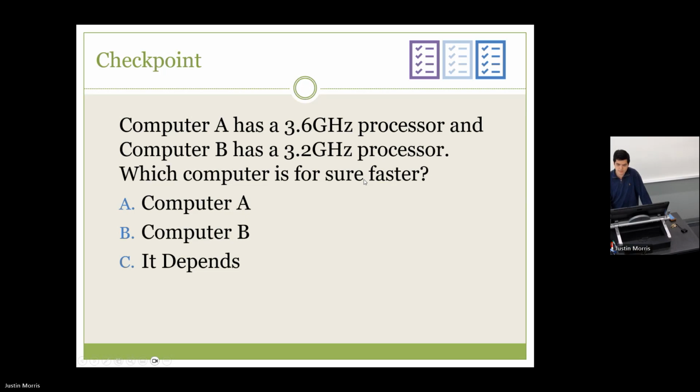Make sense? So the key point from this slide is you need to think about all of the different factors that go into the performance equation. And then you can calculate whether something is faster or not.